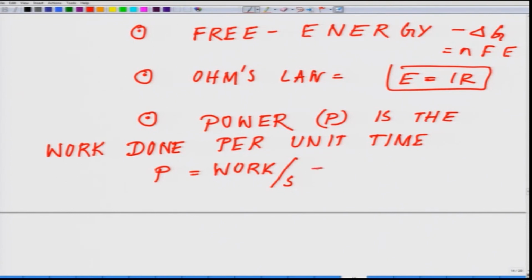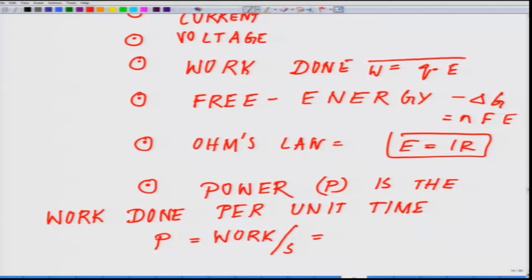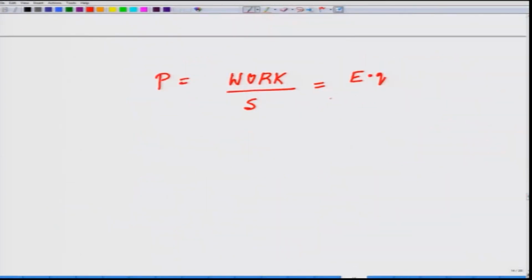So, we can represent this as P is equal to work upon S, which is the time. Work could be represented as EQ. If you remember, just a few minutes back we talked about this. Work is EQ, divided by the seconds.